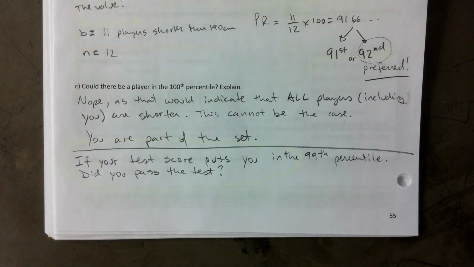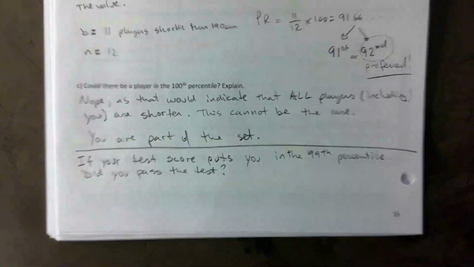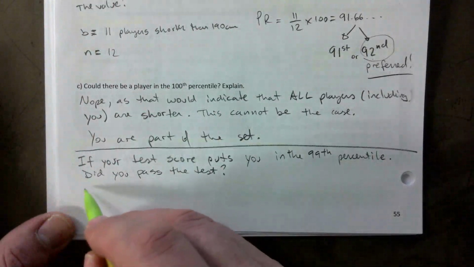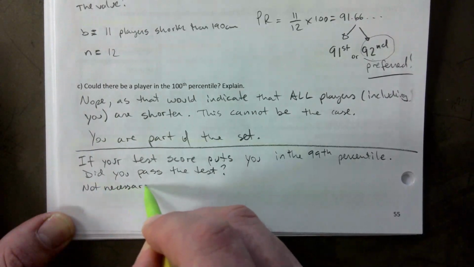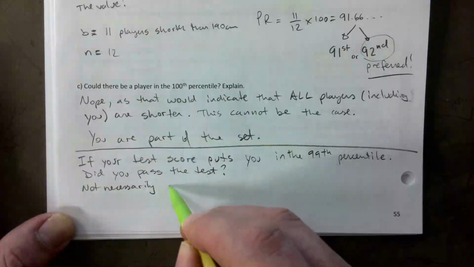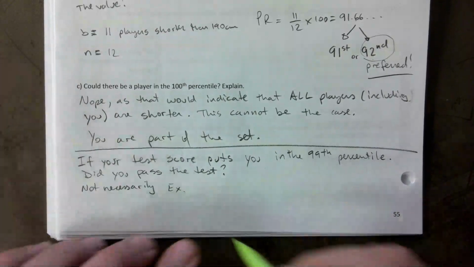If your score puts you in the 99th percentile, does that mean that you passed the test? Not necessarily. Here's an example. You can just give an example if you're not sure.